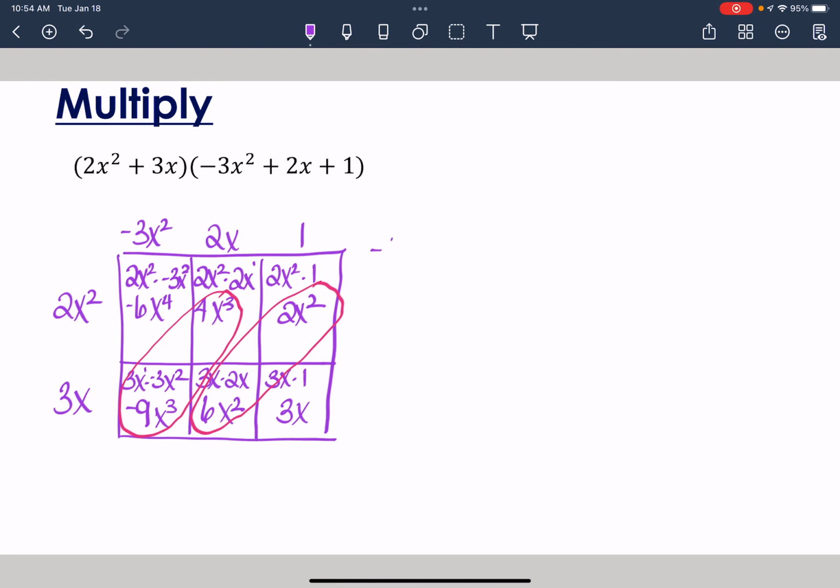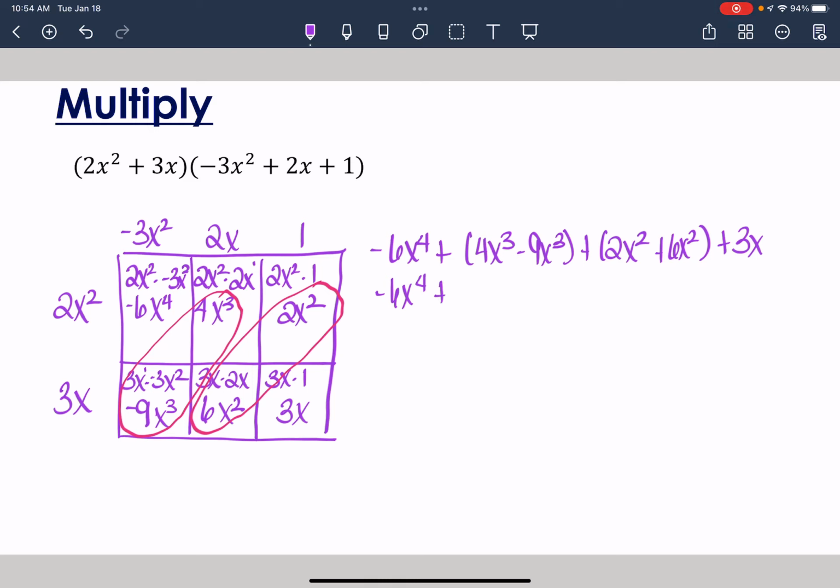So I have negative 6x to the 4th plus 4x cubed minus 9x cubed plus 2x squared plus 6x squared plus 3x. So the negative 6x to the 4th has nothing to combine with, so I leave that.